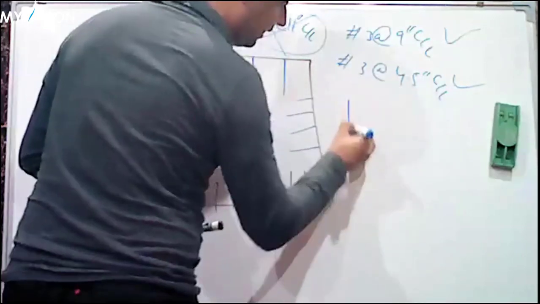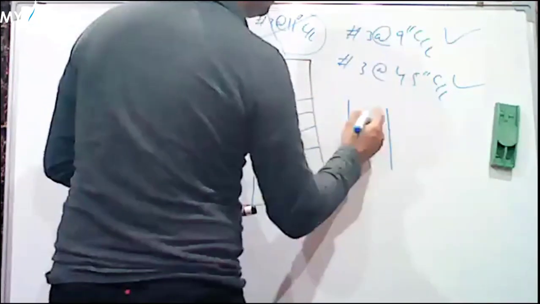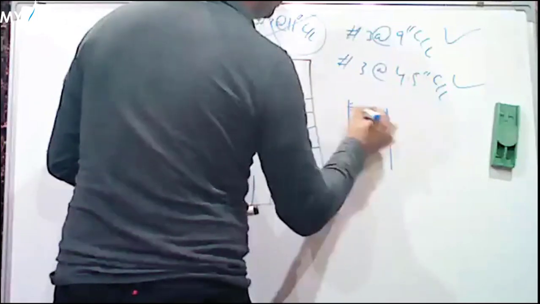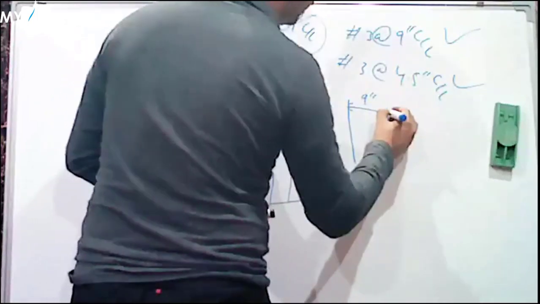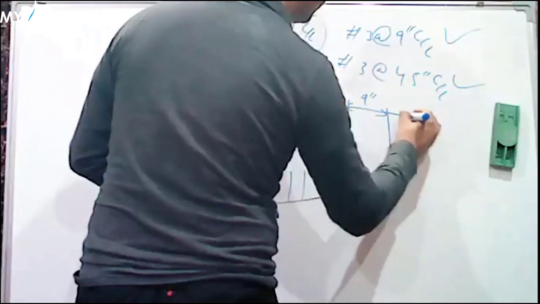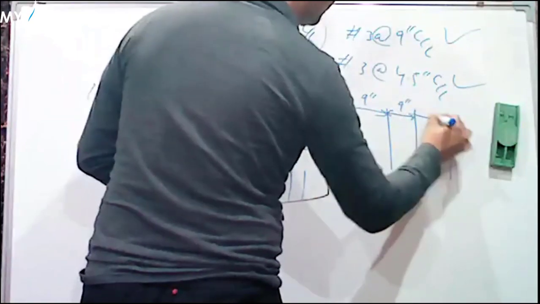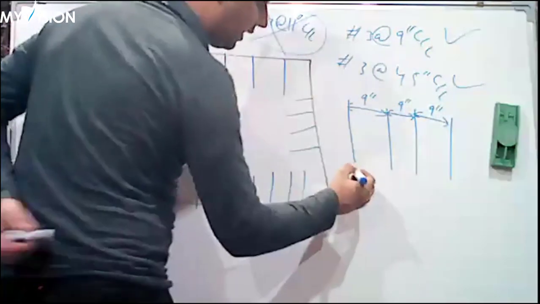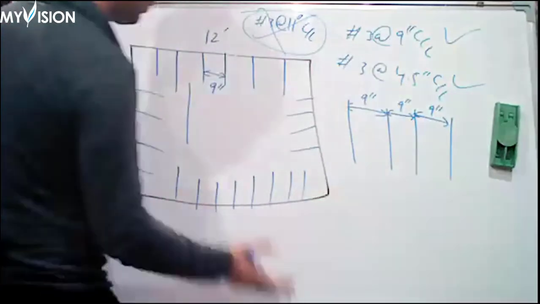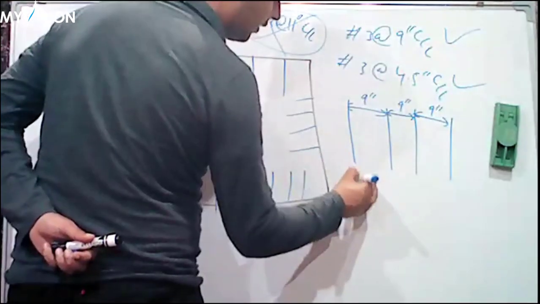for example, see here, these are the bars of number 3 at 9 inch center to center. 9 inch, again the third bar will be like this. 9 inch, the fourth bar again will be like this. 9 inch, and if I want to select another bottom steel, it is on this way.